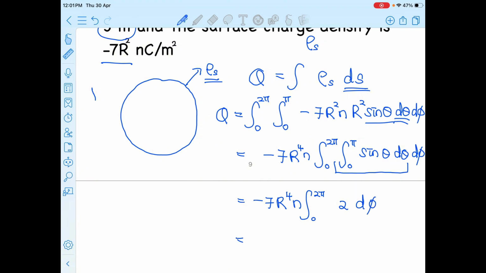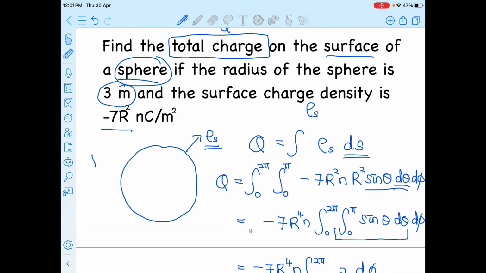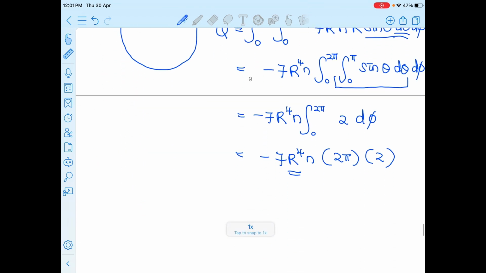When you continue pressing your calculator, you have 2 pi and you have 2. Given that r is the radius, and the radius is 3, you can substitute 7 times 3 power 4, and then you have 4 pi nanocoulombs.